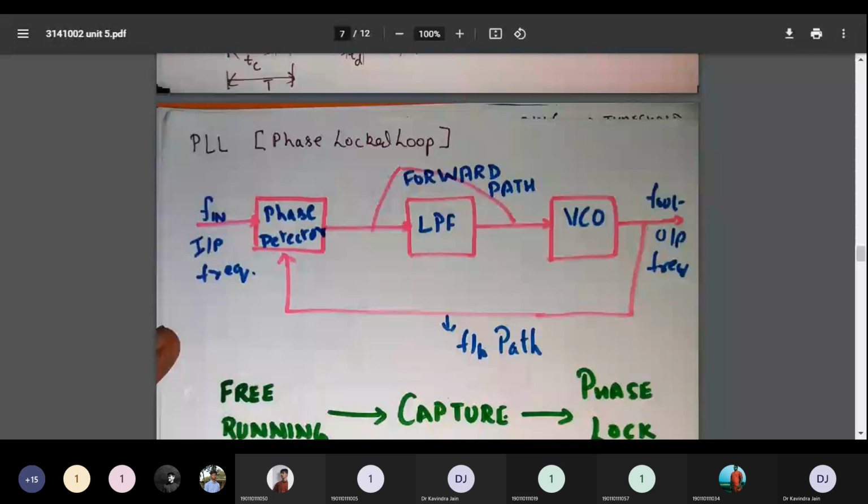Okay. So now I go into further detailed analysis of the phase detector. Please note down.